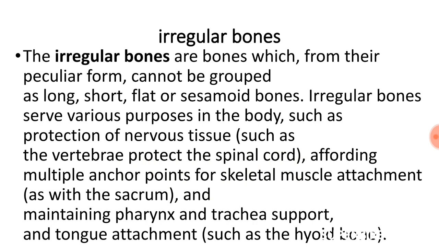So zinafanya kazi nyingi actually, like protection kama vertebral column inavyo protect the spinal cord, lakini pia we have other types of bone like hyoid bone ambayo ina provide this U-shaped bone inakuwa found kwenye position ya neck kwa ajili ya kuprovide attachment of the tongue. Pia ni types of bones ambazo zina kazi nyingi ukijumlisha protection, support and those things like that.